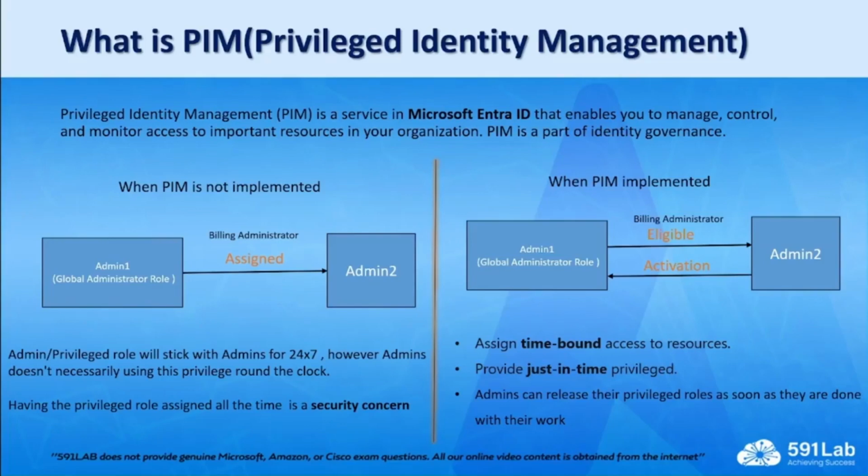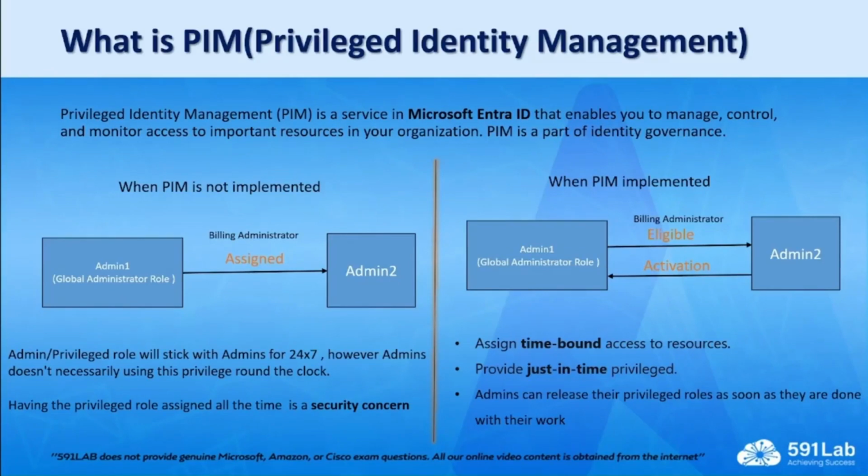This approach fixes the concern of sticking with a privileged role for 24/7. Also, admins can release their privileged role as soon as they are done with their work. Roles will also be removed from the admins after the defined hours expire.